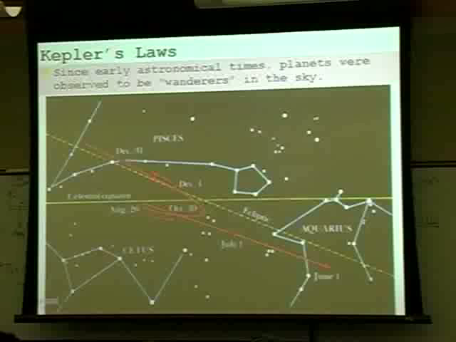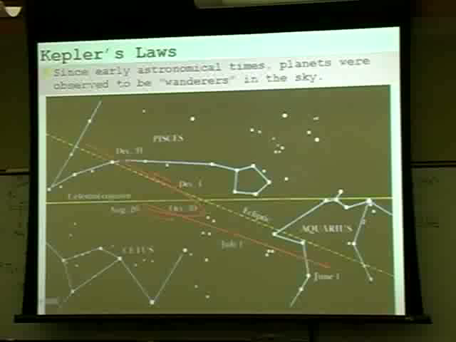Well, ancient observers found that if you looked out at the stars, you would have your bright stars and your weak stars, and there'd be 6,000 stars that you basically could see. But among these stars were what appeared to be brighter stars, and those brighter stars seemed to have their own course of action. That among this background of fixed stars were these bright objects that seemed to move around that background of stars, and they actually had a weird motion.